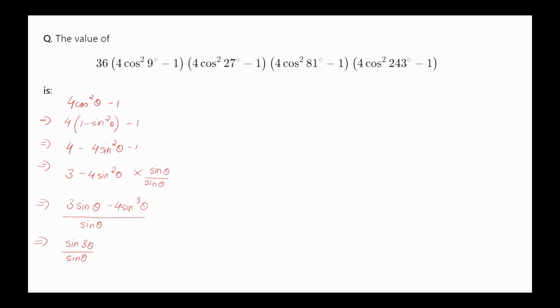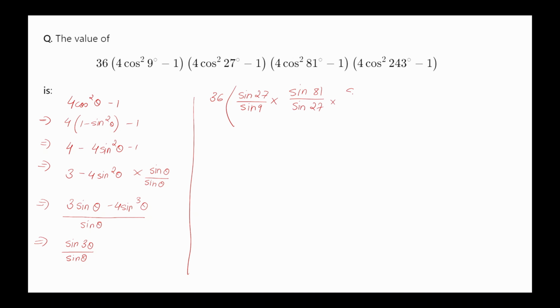Now you can see that I have simplified this entire equation. Now I can replace it in this equation. So I would get 36. Here I would have sine of 27 by sine 9 into sine of 81 by sine 27.